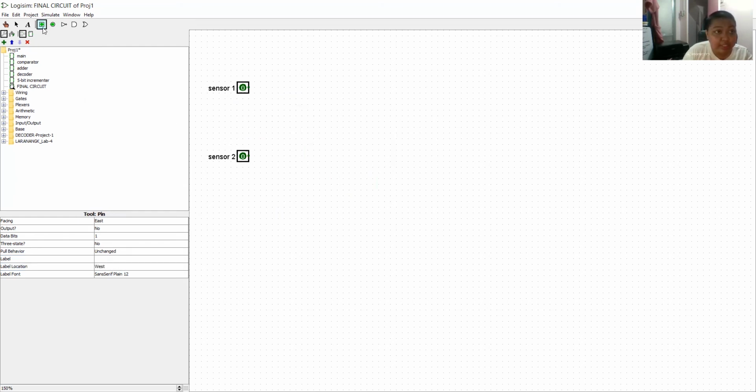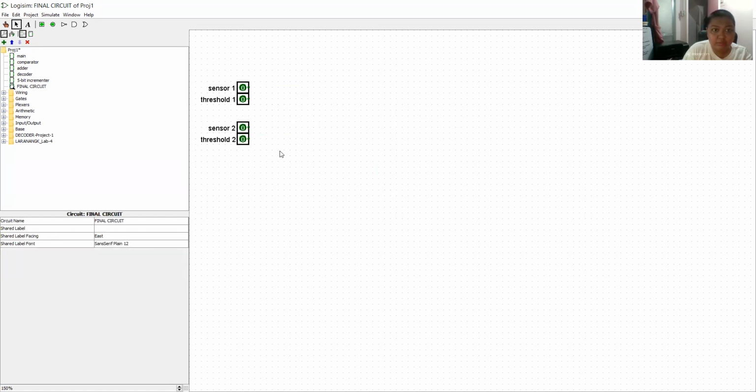We will be also needing the threshold. So I will be connecting this to the comparator.